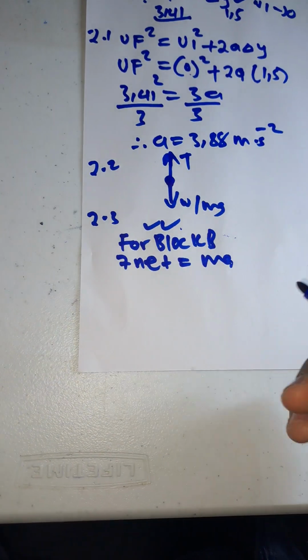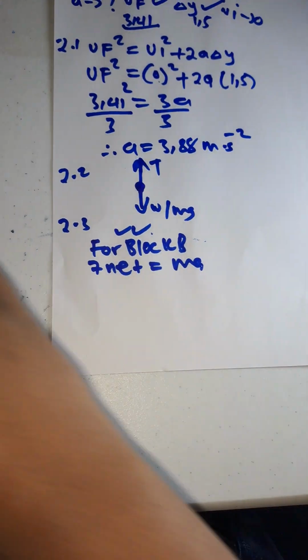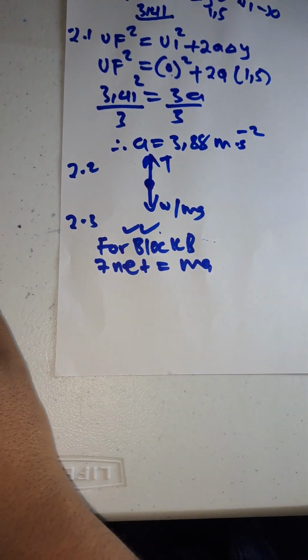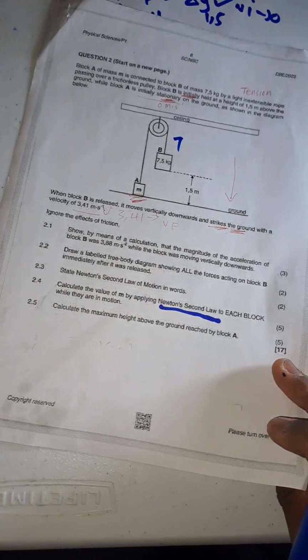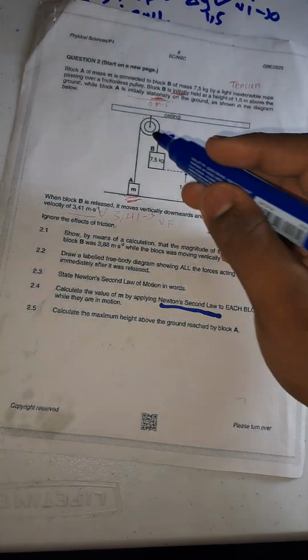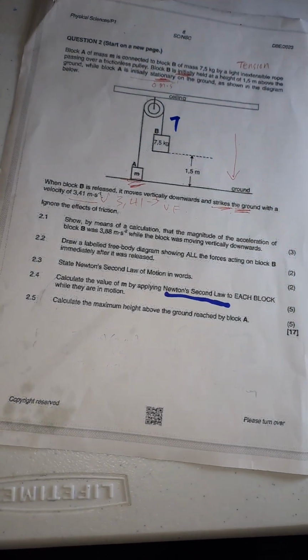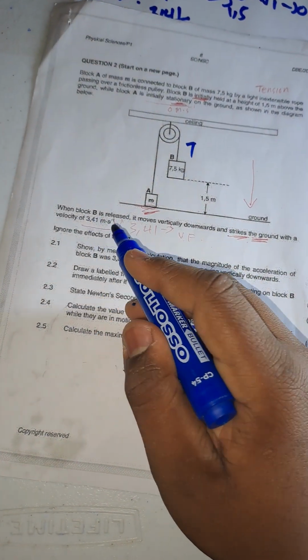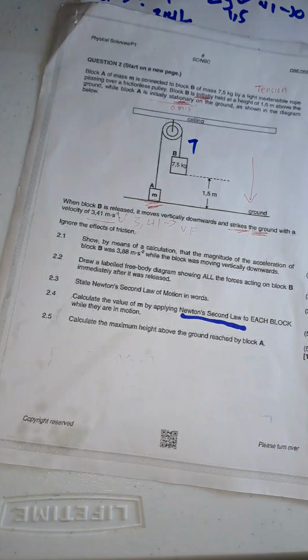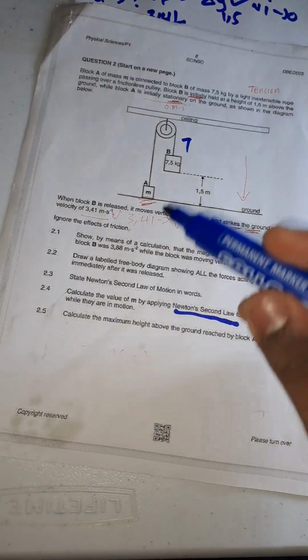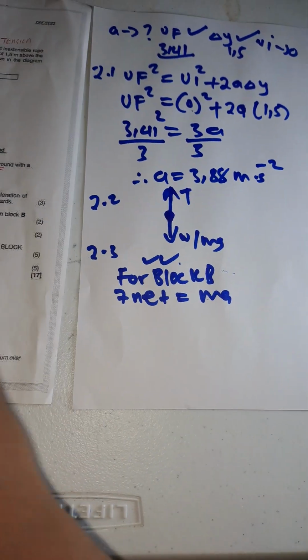So this is my free body diagram. Now I want you to check something, because our tension seems to be different. They must have different signs, because as you can see, the rope is just a vertical situation.